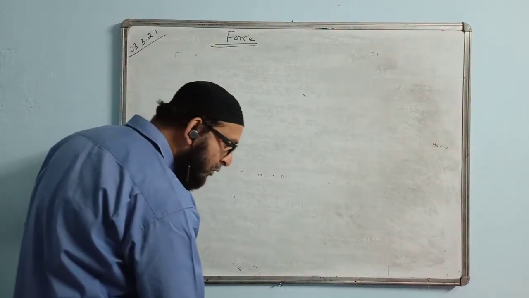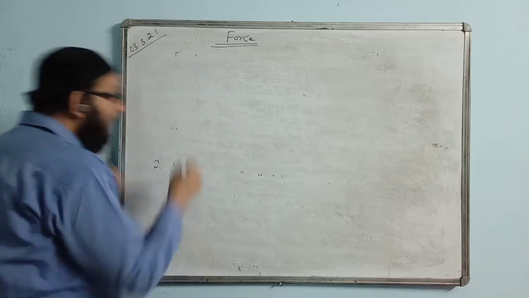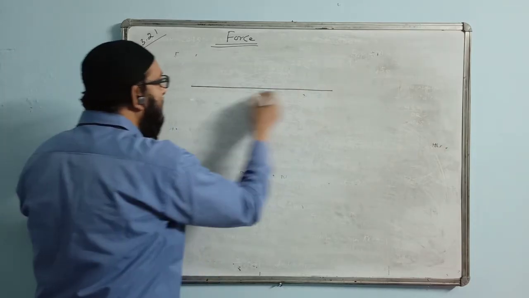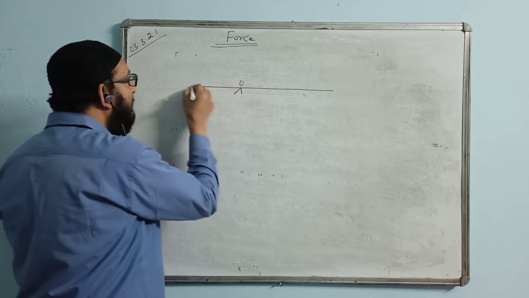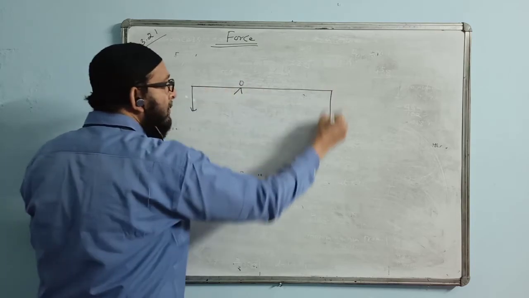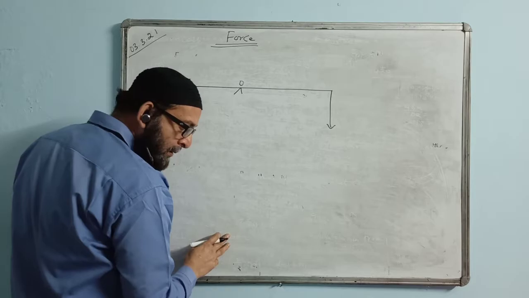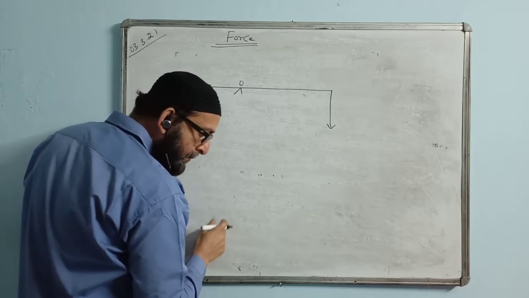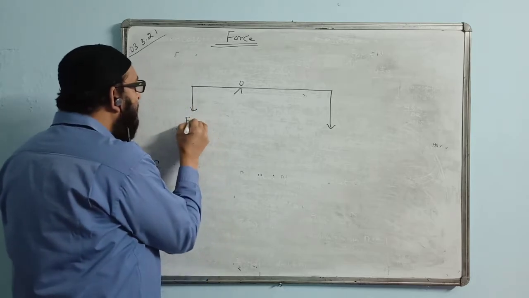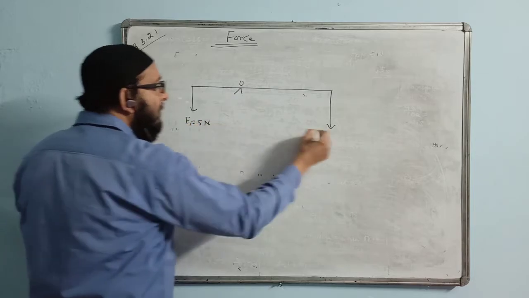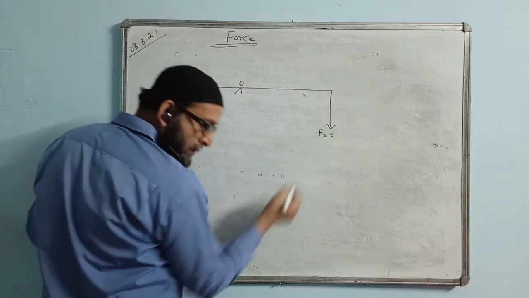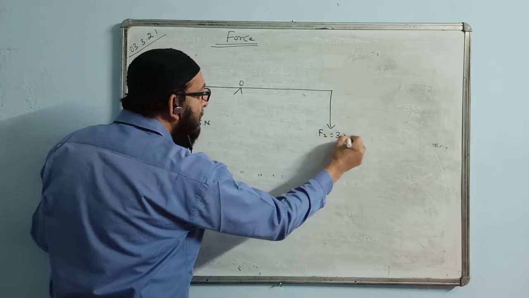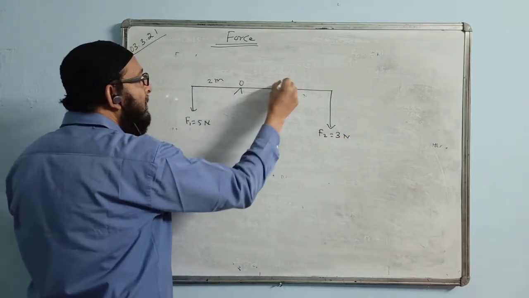Now, next question. They have given a diagram like this. F1 is equal to 5 Newton, F2 is equal to 3 Newton, this is 2 meter, this is 4 meter.